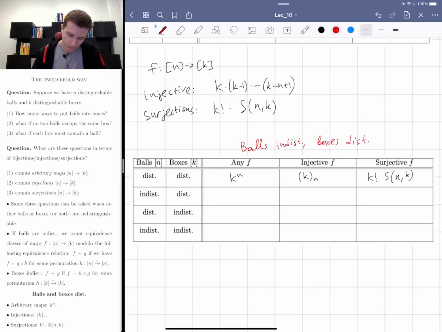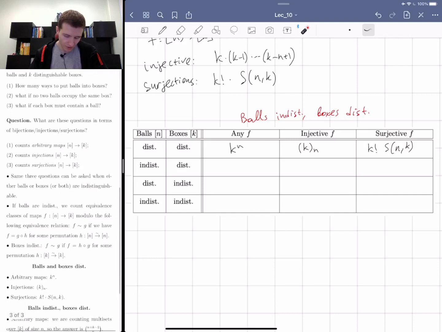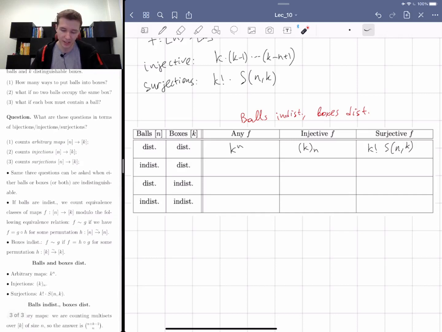So that just means that I'm basically choosing, well, I just want to assign a number to each box. So that's sort of like compositions or multisets.